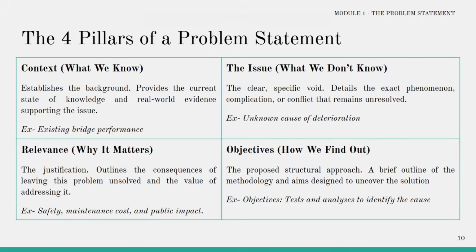For example, for a problem statement on existing bridge performance, this could be the context. And the issue here is that for the deterioration, we don't know the cause. It's relevant because safety, maintenance cost, and public impact are there. It can be solved. So the objective is to test and analyze to identify the cause of this deterioration.